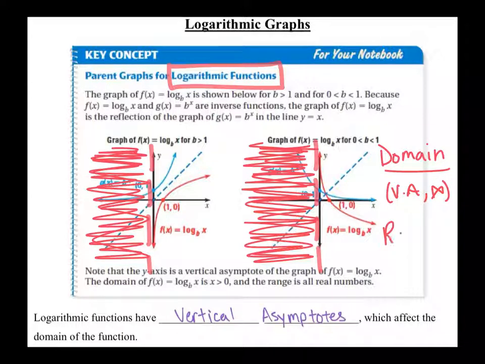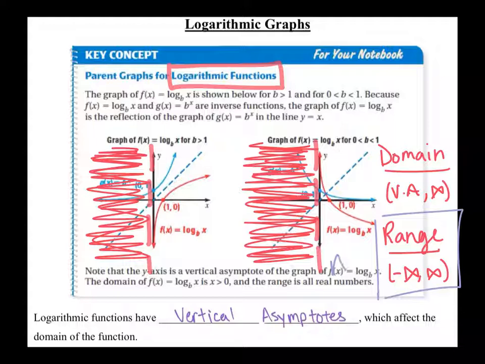And your range is always going to be negative to positive infinity for these. And that makes sense, because for your exponential functions, it was the domain that was negative to positive, and these are inverses, so that means the range is going to be. But that will always be the case here for your range. Always negative to positive infinity.